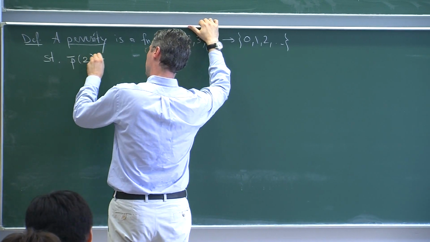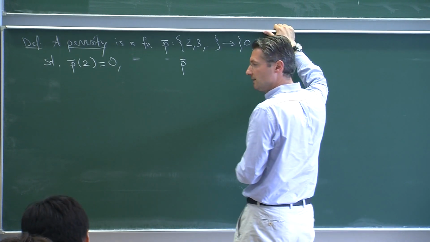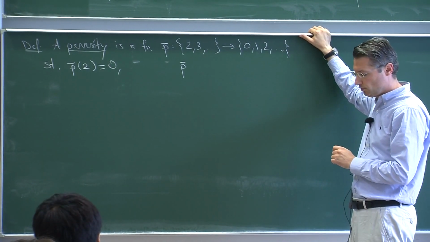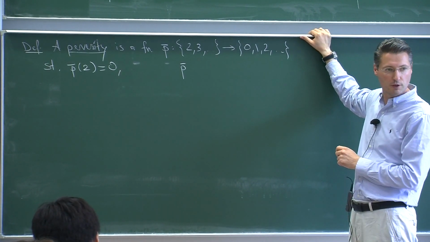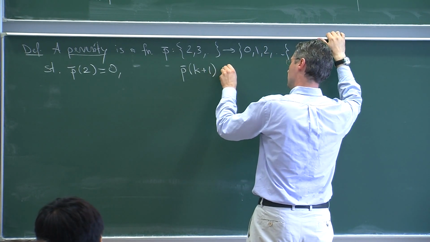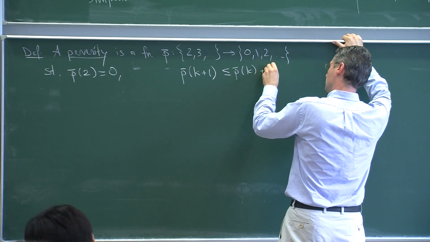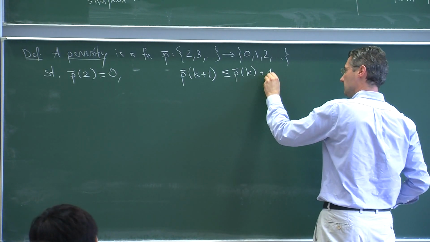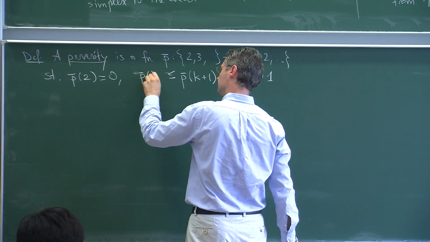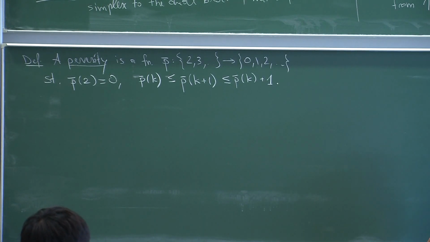At 2, the function should be 0, and then there is a moderate growth condition. It cannot decrease. It must always grow at each step or stay the same, but if it grows, it can grow at most by 1. So in other words, p(k+1) is less than or equal to p(k) plus 1. It increases at most by 1, but it never decreases. Okay, so such a function is called a perversity.